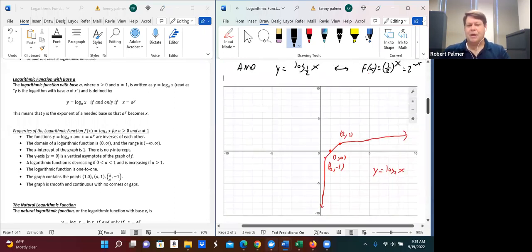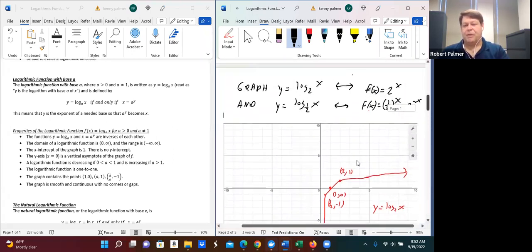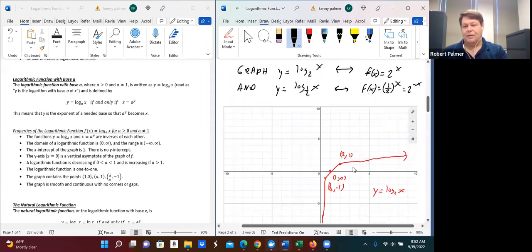Give me just a moment to decide which is the best way to write this. Okay, so what this graph is going to look like is essentially a reflection across the x-axis.